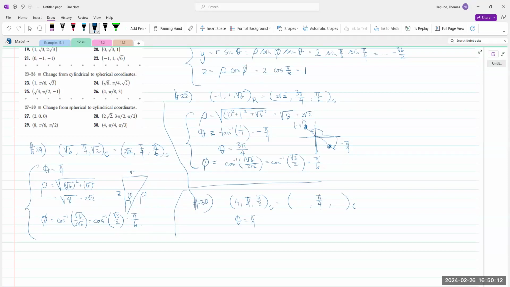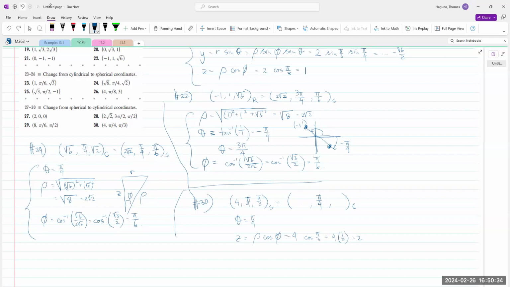The z will be rho cosine phi. Is it right? That's 4 cosine pi/3. That's 4 times 1/2. That's 2. The z is 2.